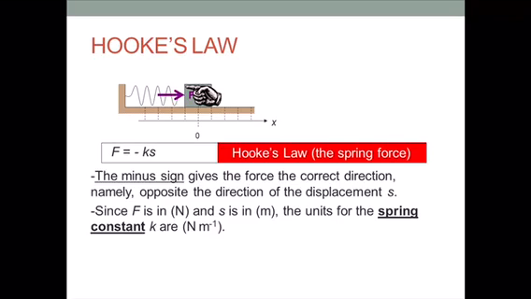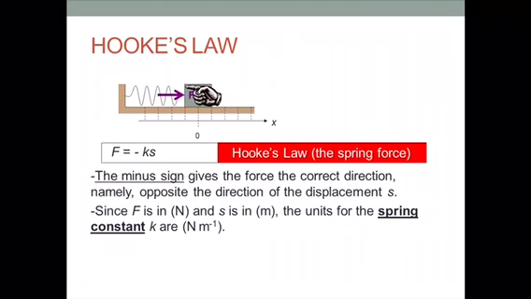This behavior of a spring can be expressed as force equals negative Ks, where k is a constant. The minus sign gives the force the correct direction, which is the opposite direction of displacement s, as we saw in the demonstration above.